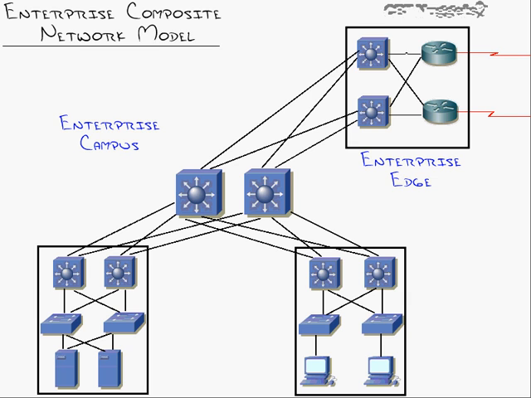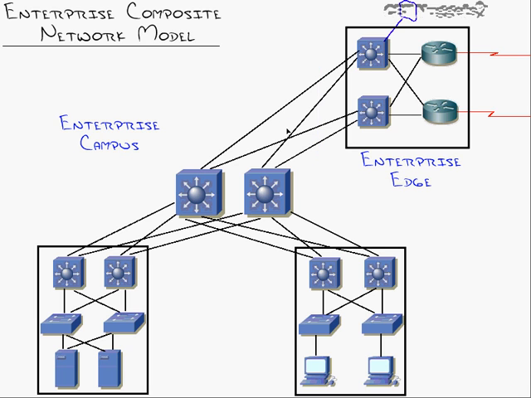Inside of that enterprise edge, we may have servers plugged into that DMZ that are hosted and reachable from the outside world. It's in a box for a reason. The goal is to firewall that enterprise edge off, to separate it from the rest of the campus so people can't just move from the internet into the campus.